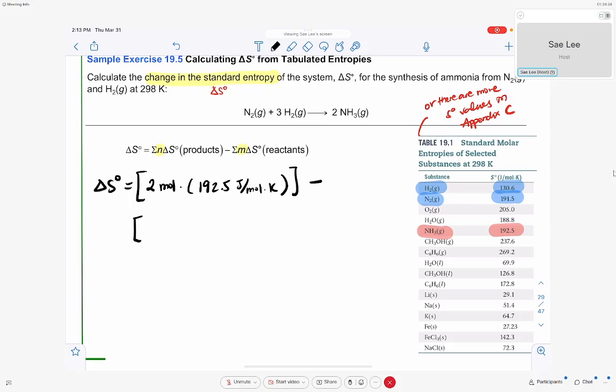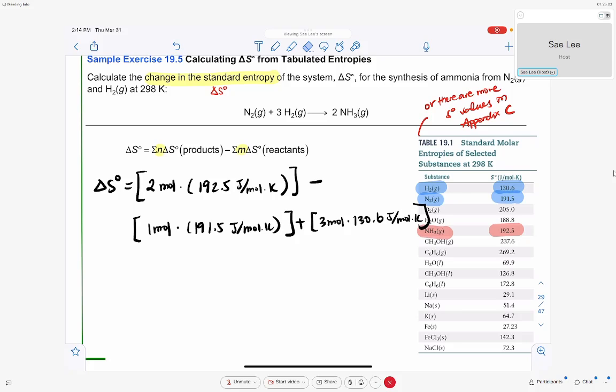As for the reactants, you have 1 mole of 191.5 joule per mole Kelvin plus 3 mole times 130.6 joule per mole Kelvin.